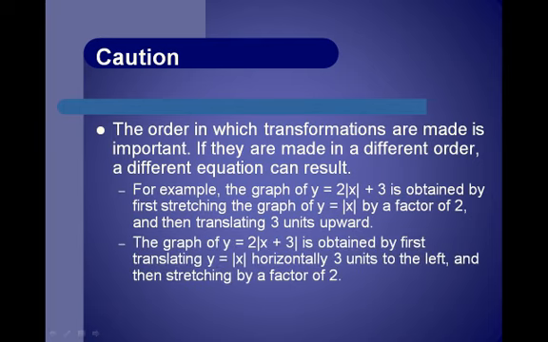Now the graph of y equals 2 times the absolute value of x plus 3 is obtained by first translating y equals the absolute value of x horizontally 3 places back and then stretching it by a factor of 2.